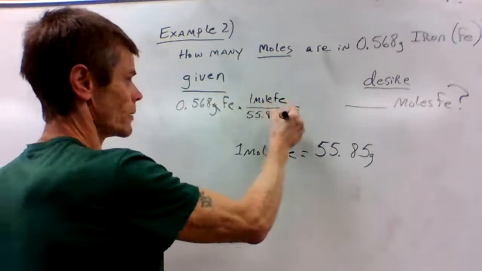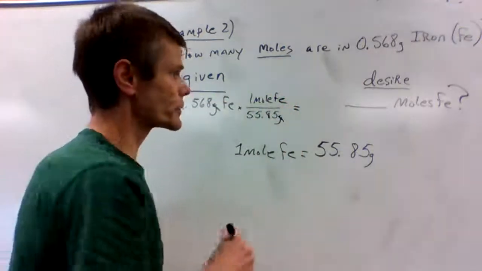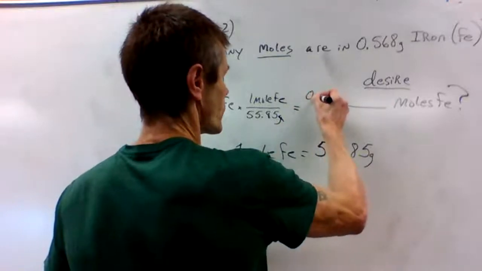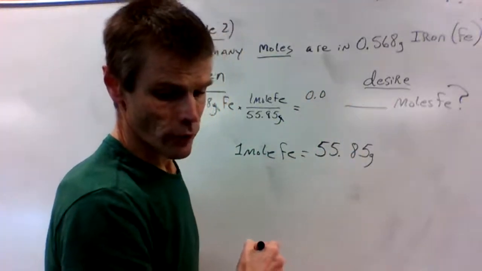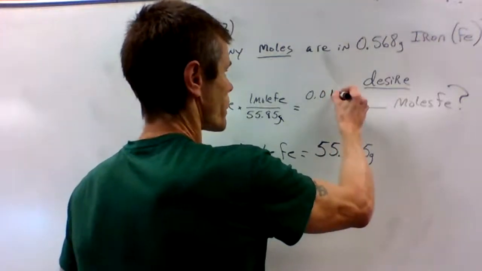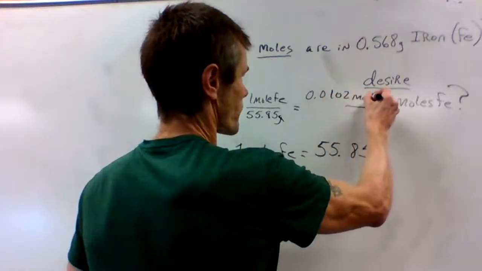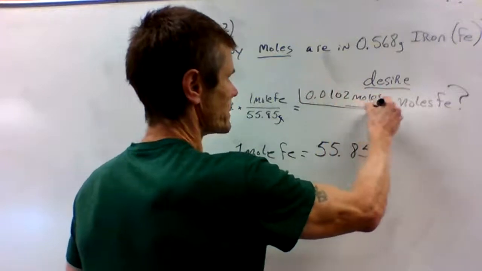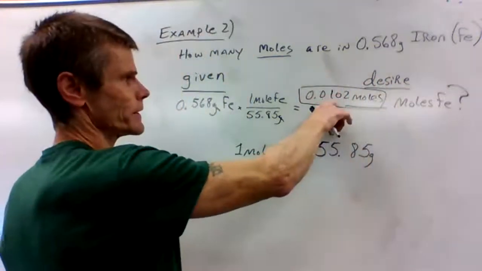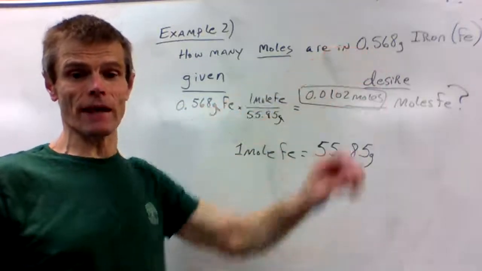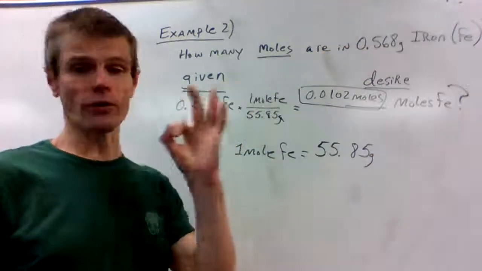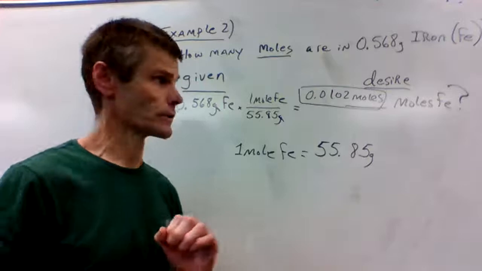Grams cancel out. We get an answer in moles, 0.0102. And I limited myself once again to 3 significant figures. And that's because the original piece of data that we're using also has 3 significant figures.